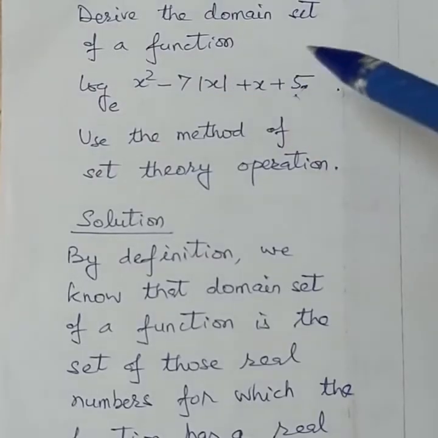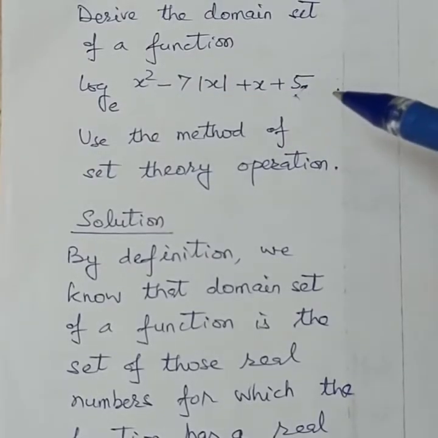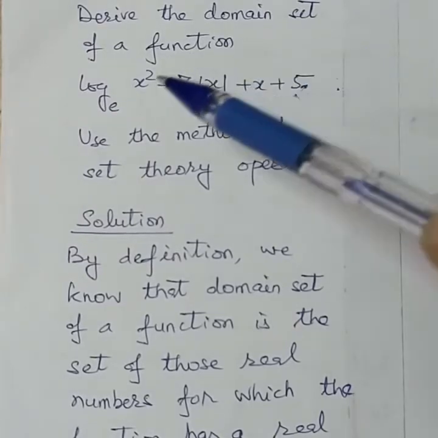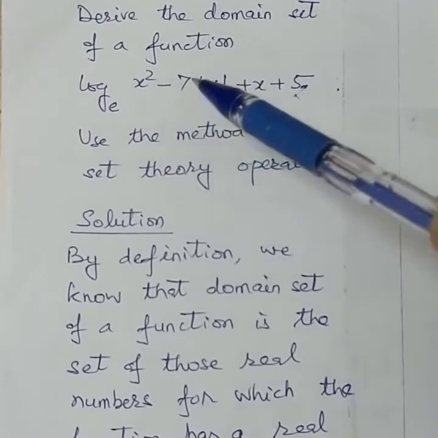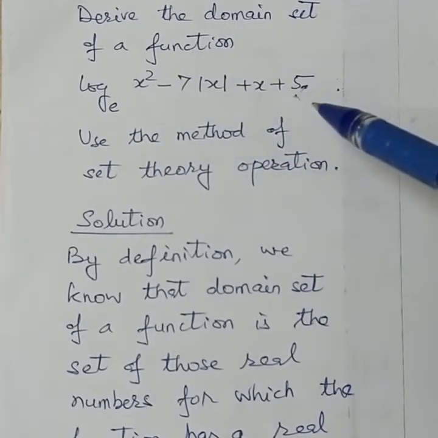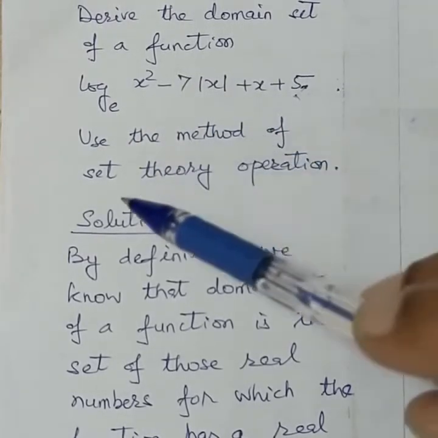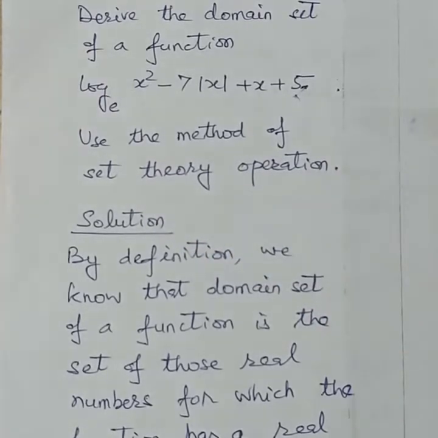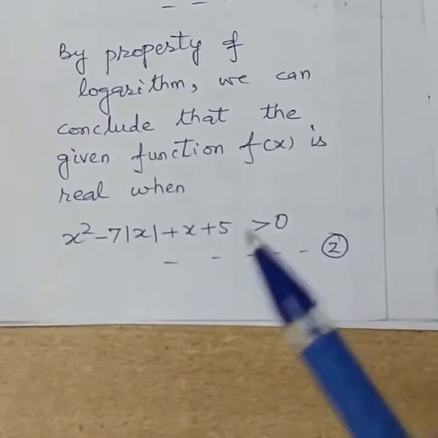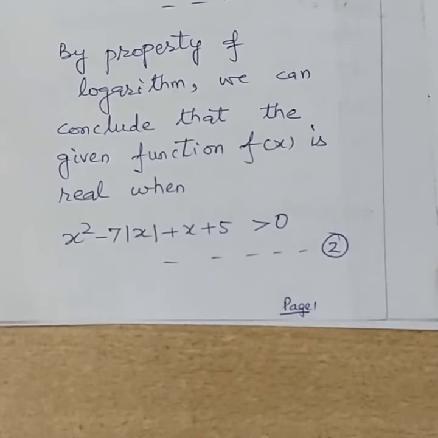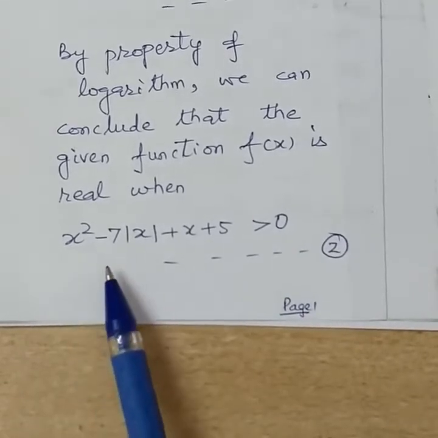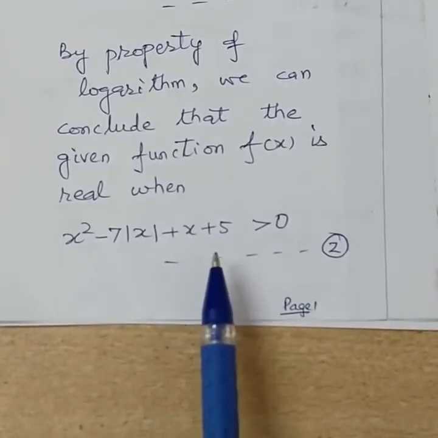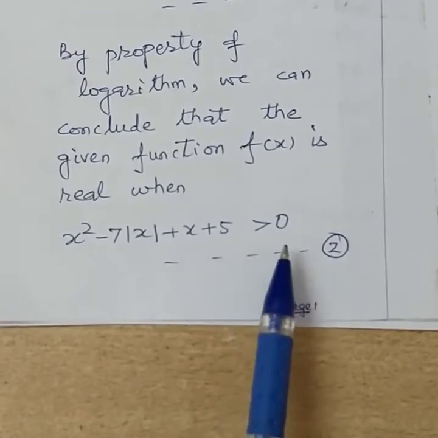This was the domain problem we were trying to solve. Derive the domain set of the function log base e of x square minus mod x plus x plus 5. Use the method of set theory operations. In part 7 of the video, we showed that the given function f is real when x square minus 7 mod x plus 5 is greater than 0.